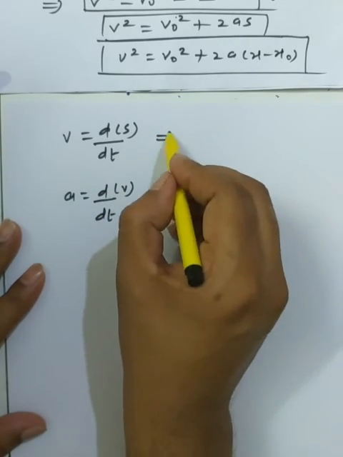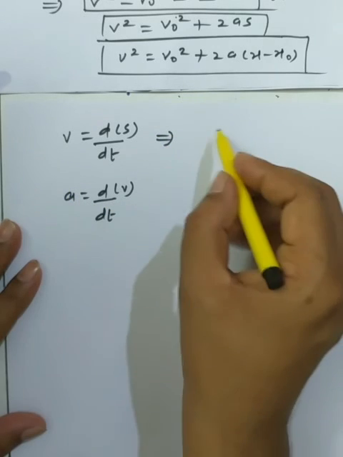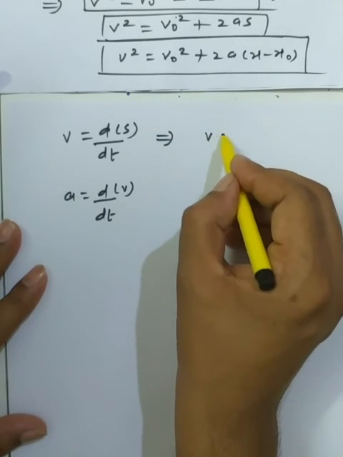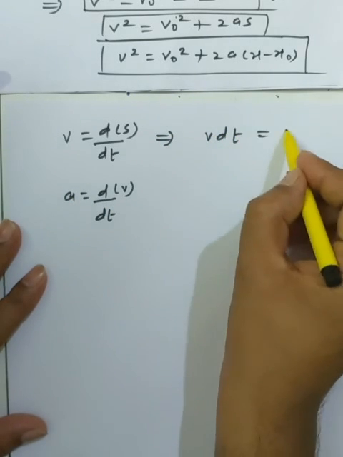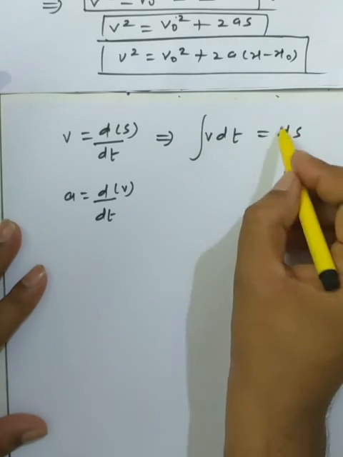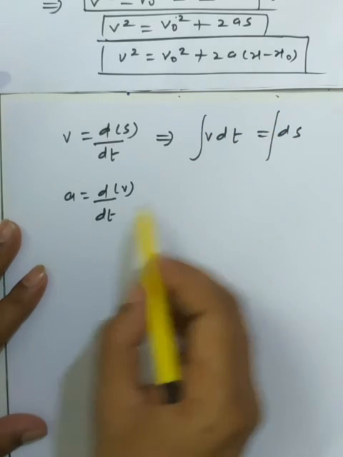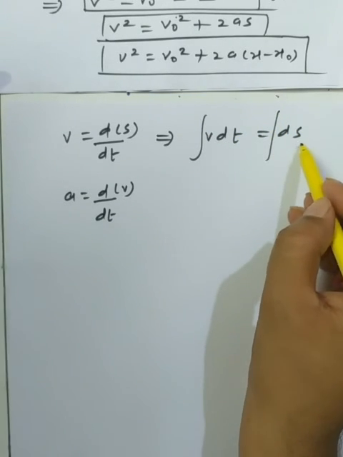So for the integral method we have to go in the reverse direction. So v dt is equal to ds, and in this case we apply the integral further. By this method we will get the displacement.